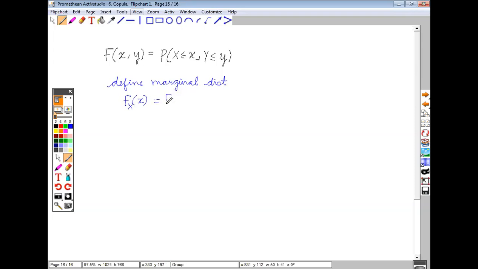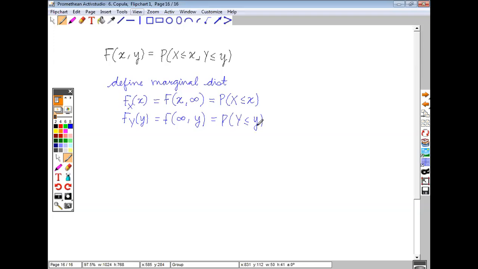So what I can do is sum this across all the values of y that I have, and let us assume that it goes on till infinity. You can rewrite this as something like this. Then you can have a look at the same case for y, where again I'm assuming that x goes on till infinity, and this can be written as the probability that y takes a value less than or equal to small y, right?